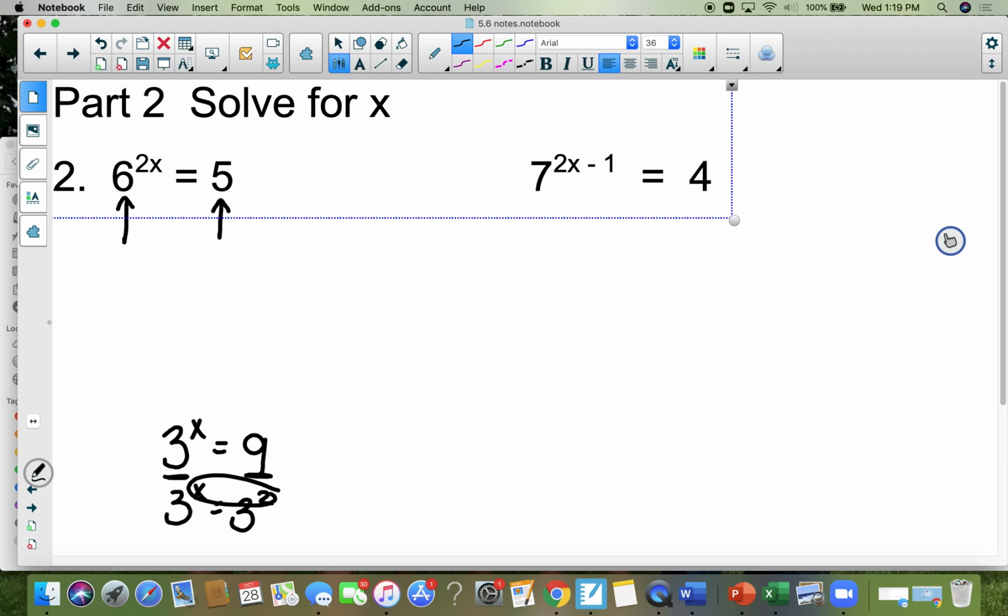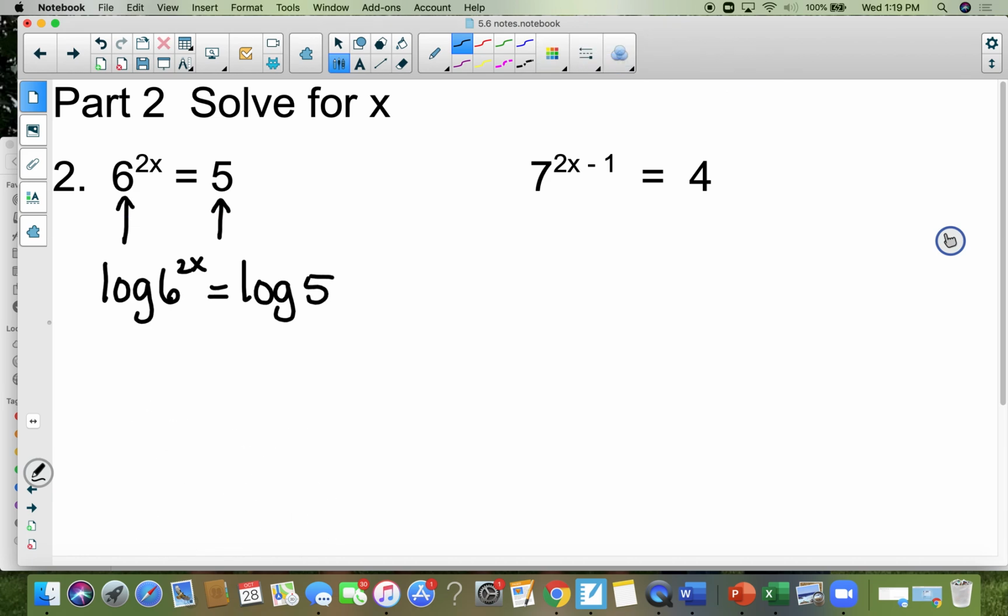So what you're going to do is log both sides of your problem. All I did was log both sides of your problem. And then all you're going to do is take that little 2x and put it out in front. So what I would do first is divide both sides.